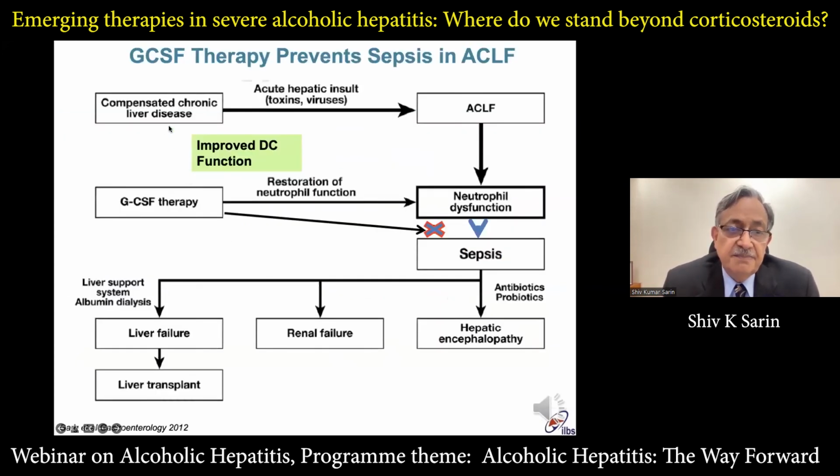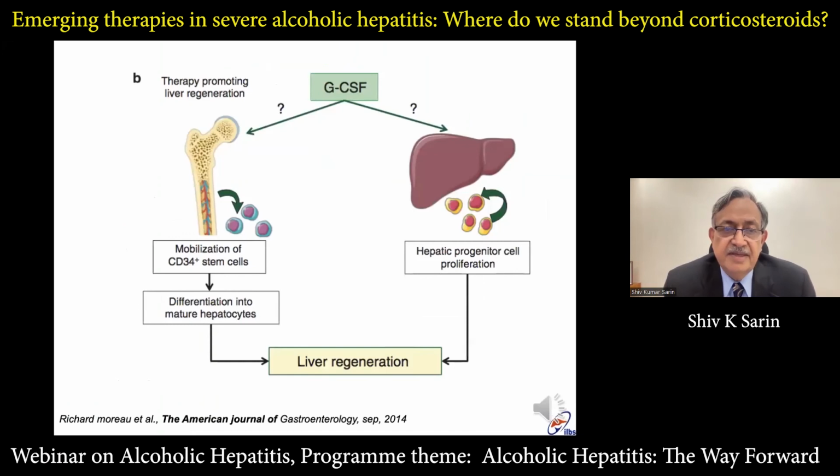In a patient with compensated liver disease, maybe by alcohol, decompensation, ACLF, neutrophil dysfunction, which leads to sepsis, which leads to liver failure, not liver failure to sepsis, and organ failures. Now, if this patient is given GCSF, improves dendritic cell function, neutrophil function, you prevent sepsis. By preventing sepsis, you prevent organ failures.